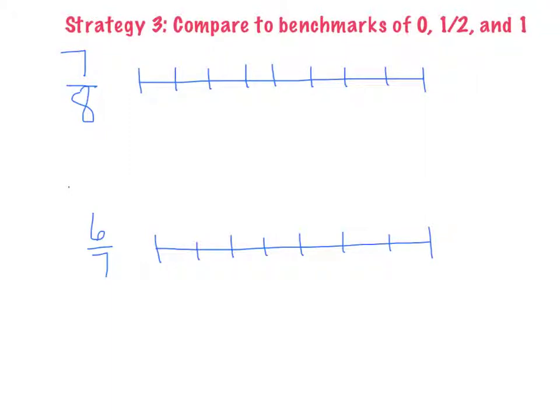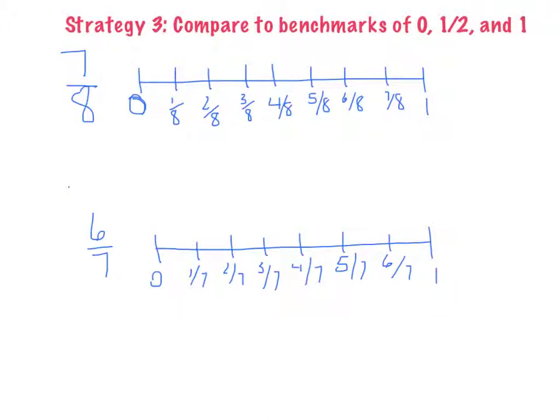When fractions are a little bit bigger or closer to 1, we can use the same strategy. Here I want to compare 7/8 and 6/7. I drew out a number line for each of these, so we're going to use these to compare these fractions to 1. On our number line, we can see that 7/8 is only 1/8 away from 1, whereas 6/7 is 1/7 away from 1.